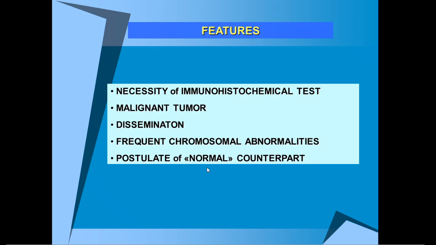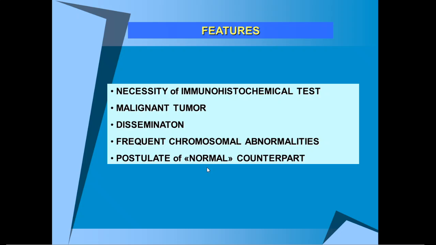It's very important because in the names of some hemoblastosis we will see the ending -oma. You know that the ending -oma is a classical tip to recognize a benign tumor. But in this case, this is an exception. For example, lymphoma is a malignant tumor. What is lymphoma? We discuss it a bit later. So, the first feature is that all tumors are malignant.